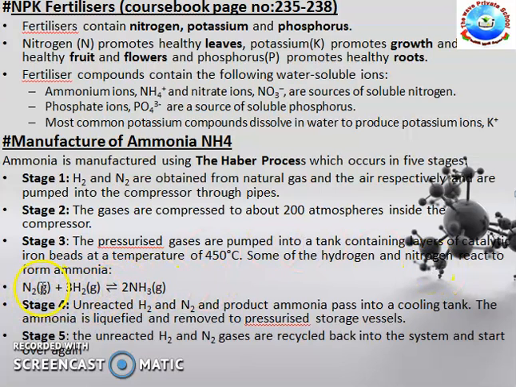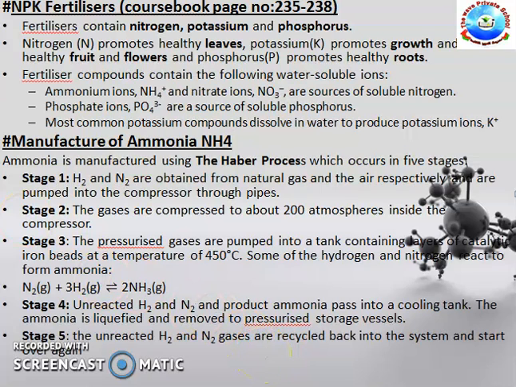See the reaction: nitrogen reacts with hydrogen, it gives 2NH3. Stage 4 is the unreacted H2 and N2 and the product ammonia pass into a cooling tank. The ammonia is liquefied and removed to a pressurized storage vessel. And stage 5 is the unreacted H2 and N2 gases are recycled back into the system and start over again.